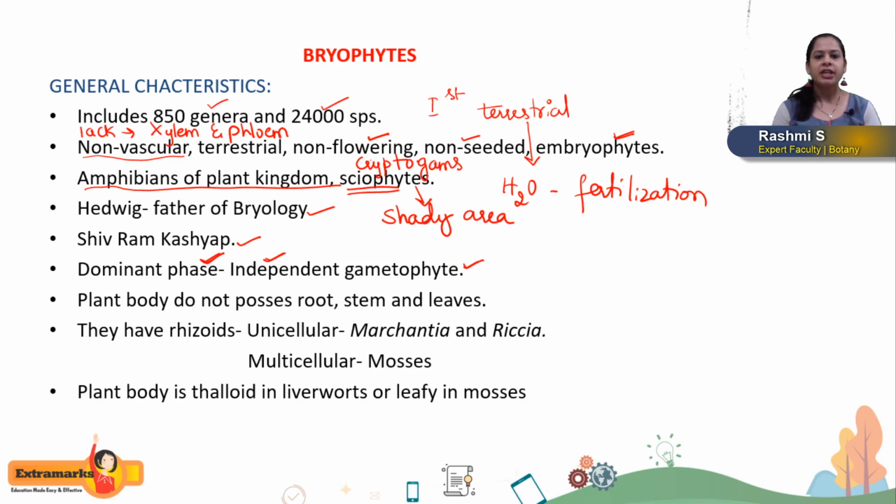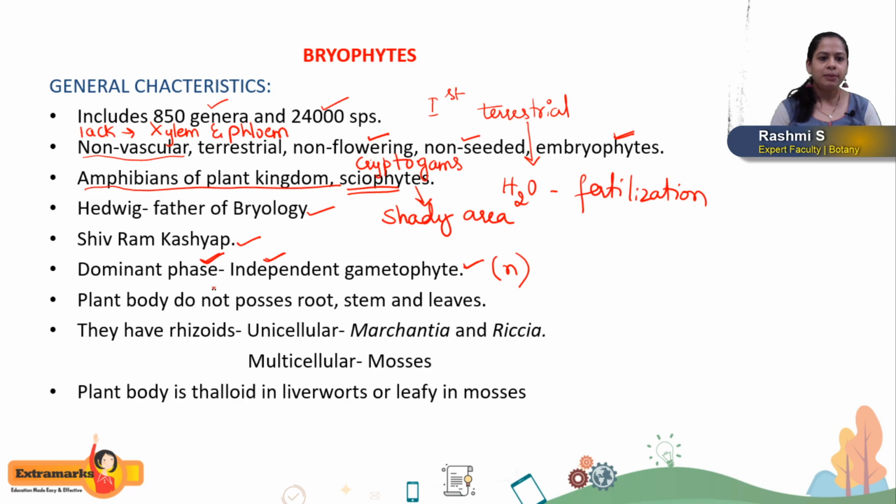The plant body from which the gametes are produced is called the gametophytic plant body. And the gametophytic plant body is always haploid. So the haploid gametophytic plant body is green, photosynthetic and independent in case of bryophytes.